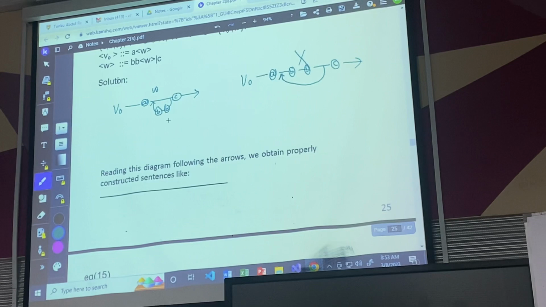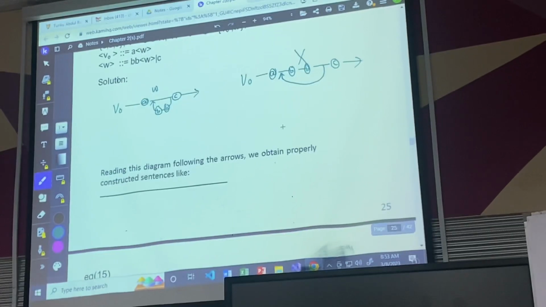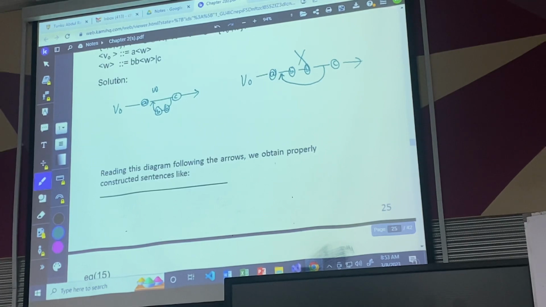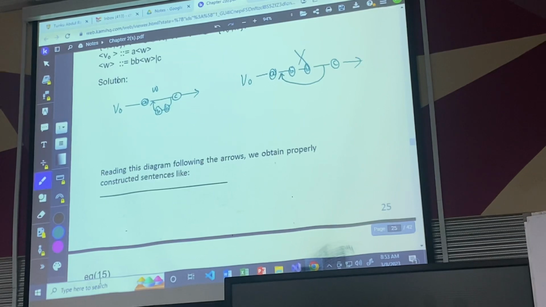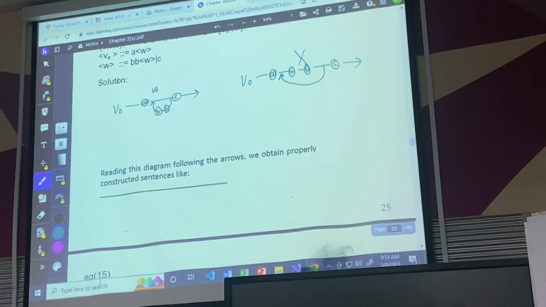What is the shortest string we can get for this substitution? Class, what is the shortest string?